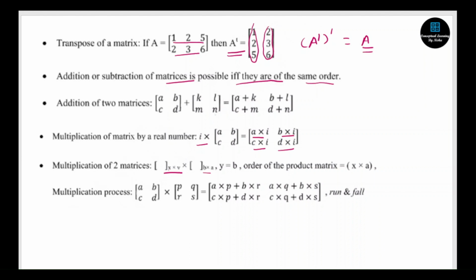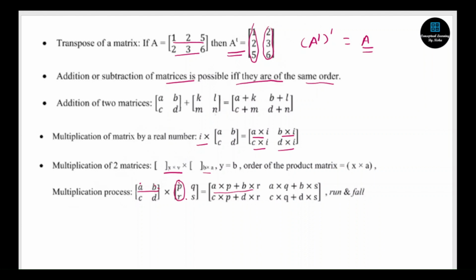Now see, when I want to multiply, what do I have to do? If I take the first row, then I have to consider the first column. So A into P plus B into R: the first element of the first row with the first element of the first column, and the second element of the first row with the second element of the first column. Add them and you get this.